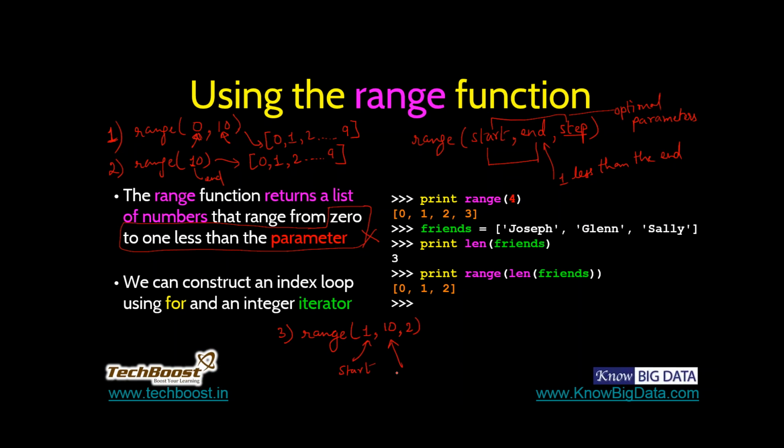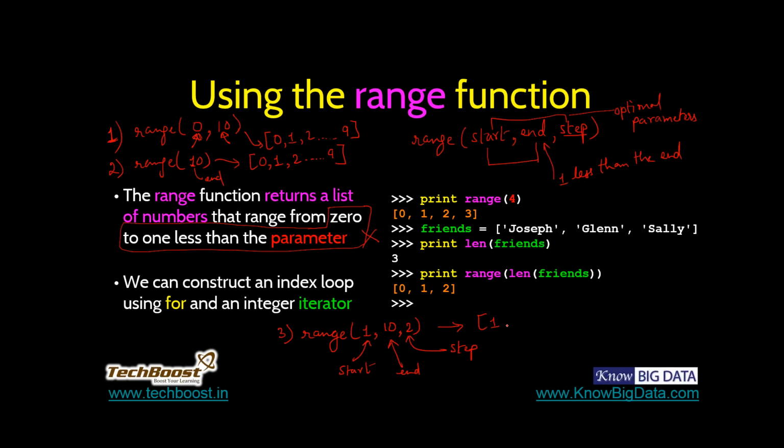The end is 10, and the step is 2. That means till now we have been stepping over the numbers by 1. Now the difference between two numbers will be 2. So this gives us a list of numbers starting from 1.